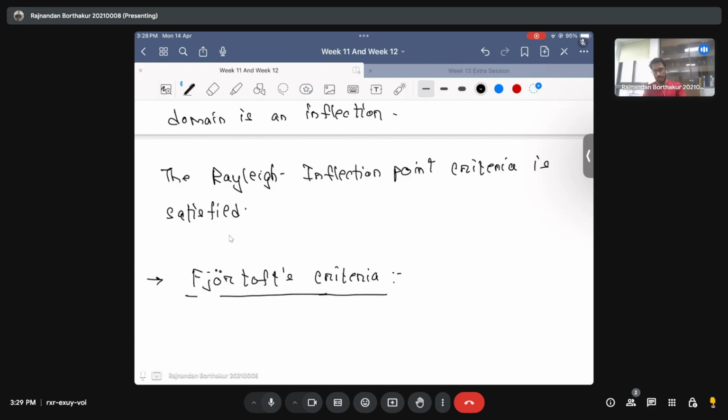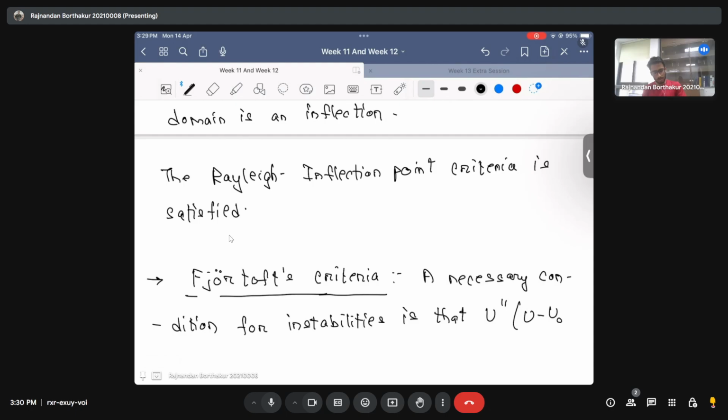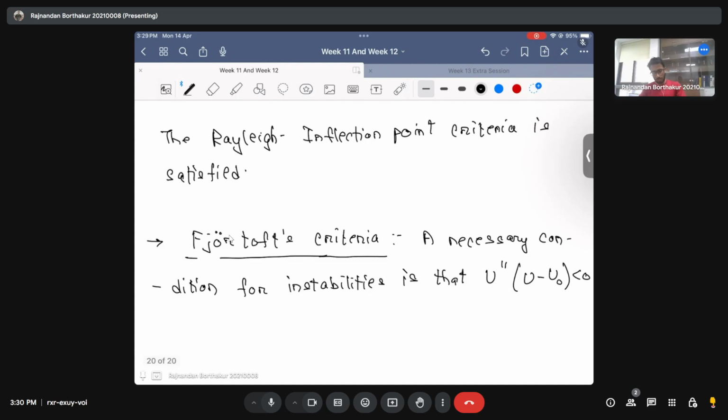So what Jortov's criteria says is that a necessary condition for instabilities is that u double prime into u minus u naught has to be less than 0, somewhere in the flow field.